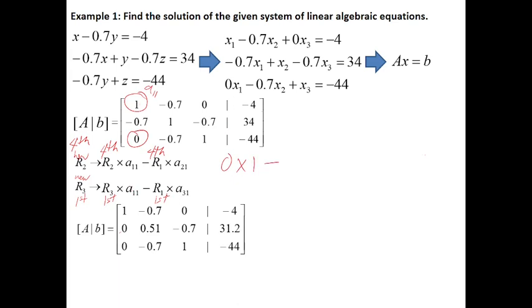Minus R1, first element, 1. A31, 0. 0 times 1 minus 1 times 0 is 0. So, therefore, we got 0. Tama yun. So, halimbawa, hindi ito 0, magiging 0 pa rin yan. Okay? Magiging 0 pa rin yan. May example tayo mamaya na hindi yan 0. Sige. So, in that case, consider naman natin yung second.